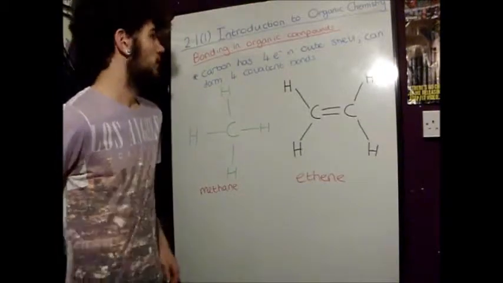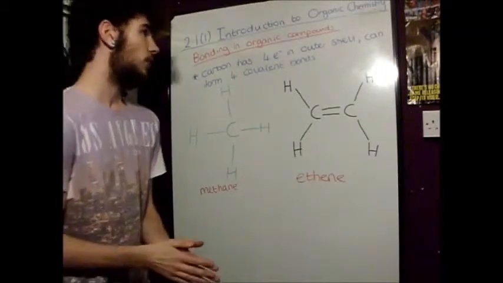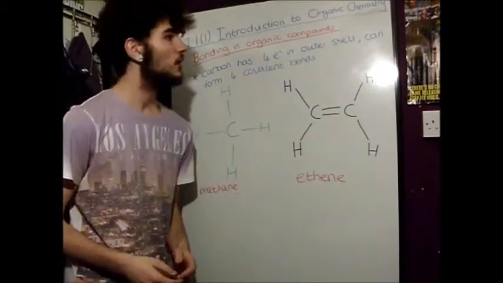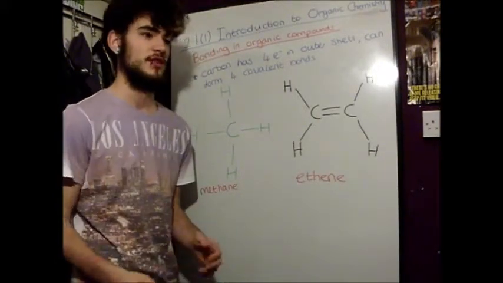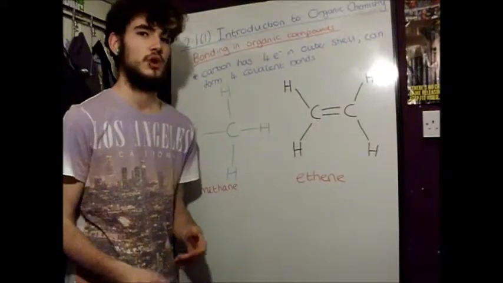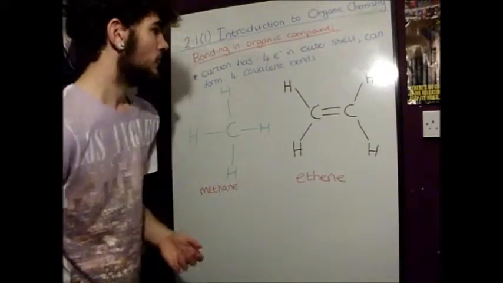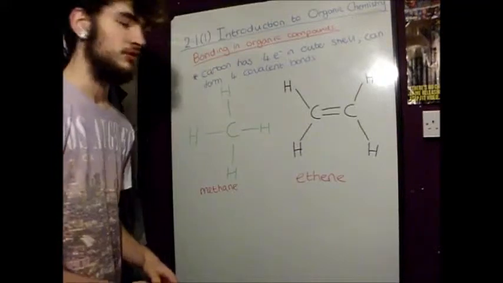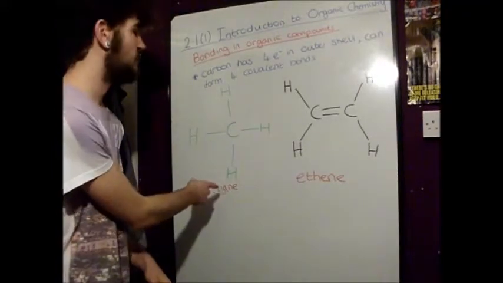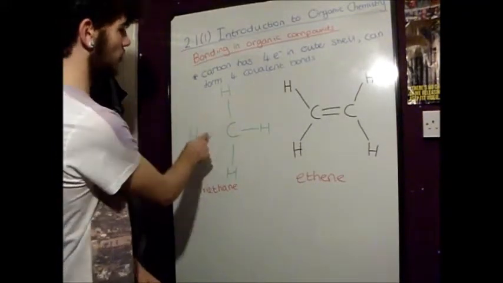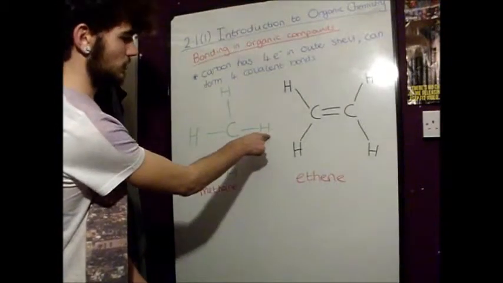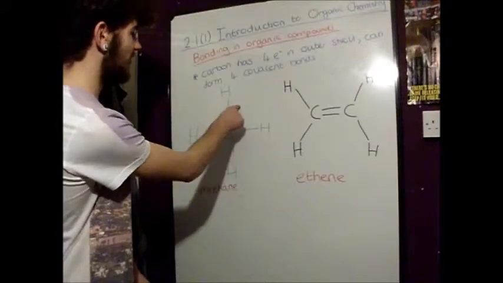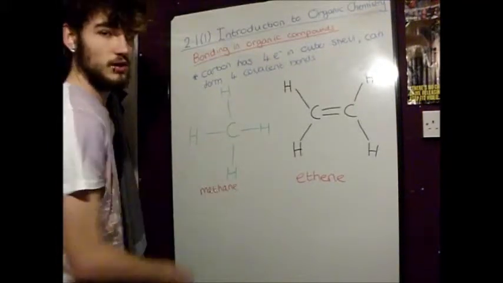Right, looking at bonding in organic compounds, carbon has 4 electrons in its outer shell, and this means it can form 4 covalent bonds with either other carbon atoms or atoms of other elements. I'll show you some examples down here. Here's the alkane methane, and as you can see there are 4 covalent bonds attached to hydrogens.